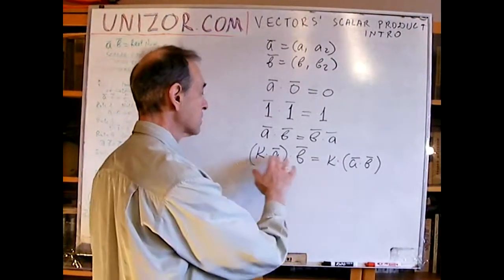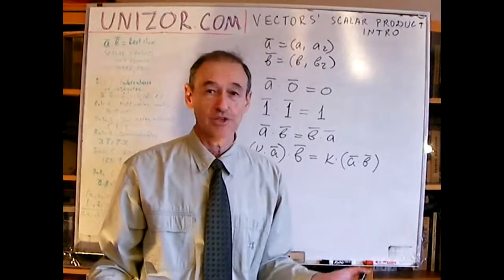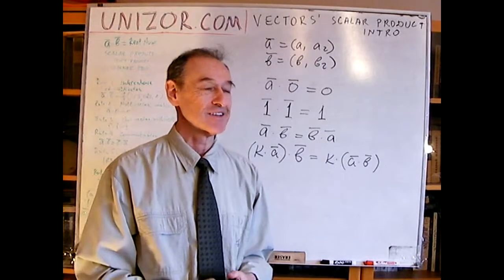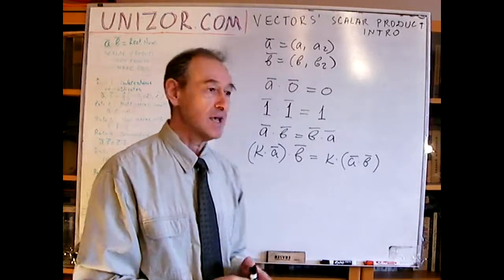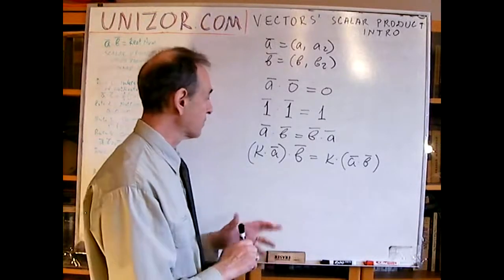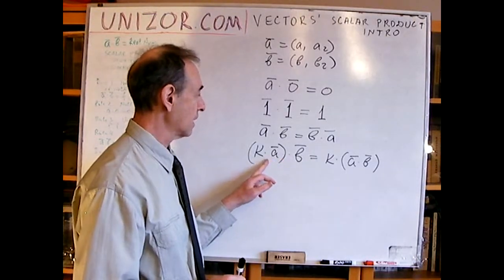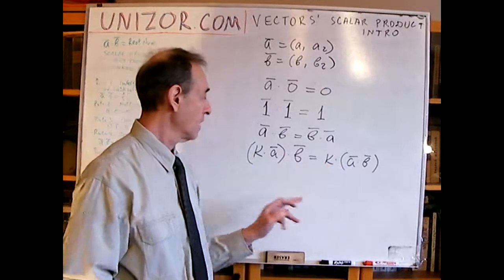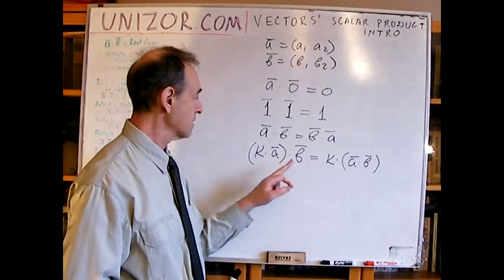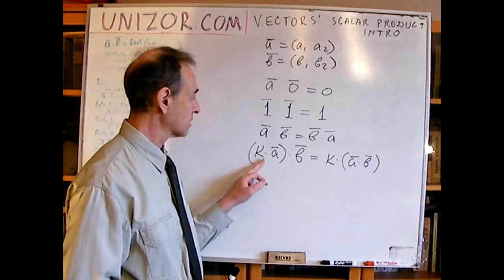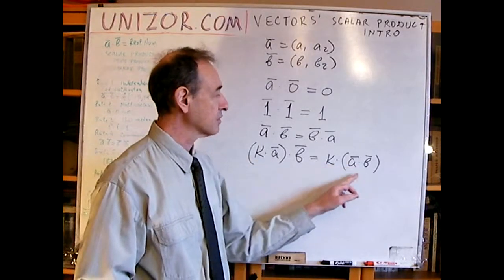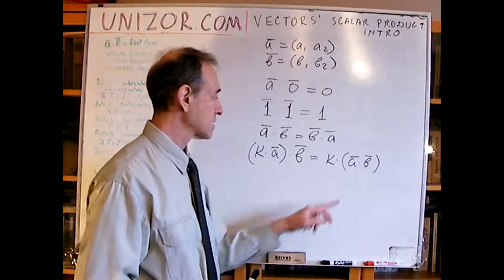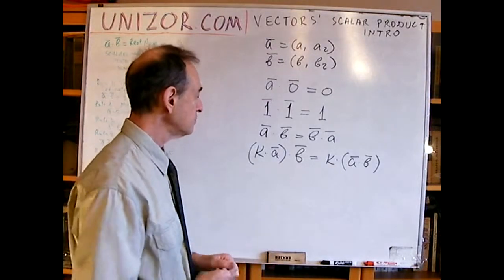Anyway, I'm using the same dot because that's how mathematicians use these in these cases, and I'm not going to invent anything else, but you should really understand the difference between this dot and this dot and this dot. They're all different. This is scalar product again. This is multiplication of a vector by a constant. This is scalar product again, and this is multiplication of two real numbers. That's why I put the parentheses.